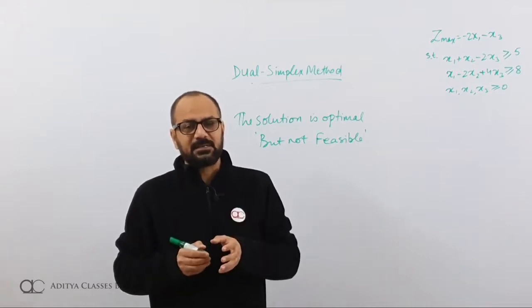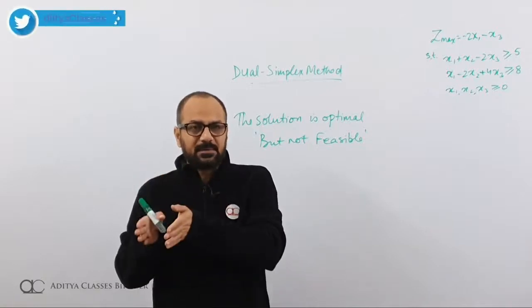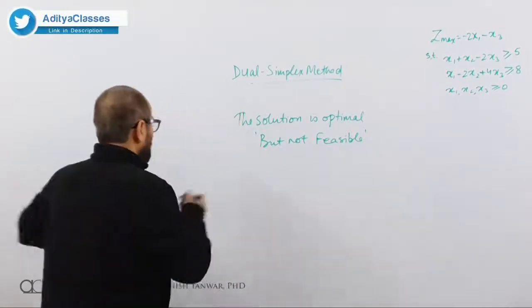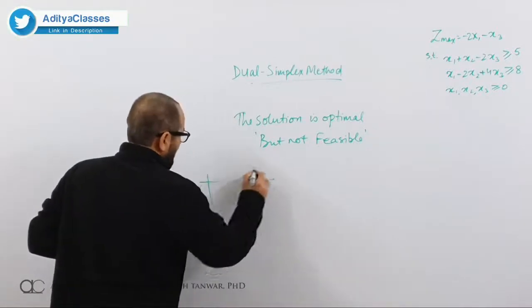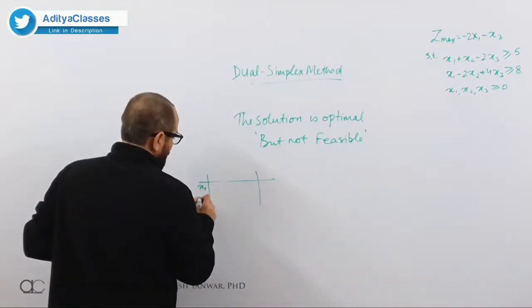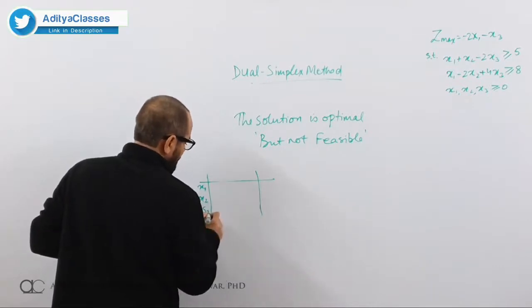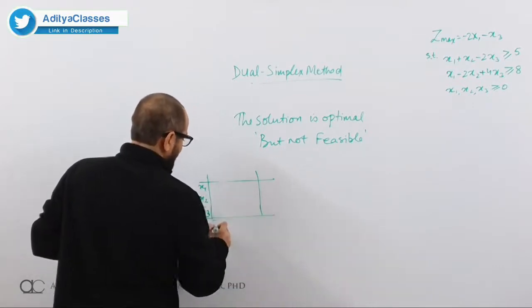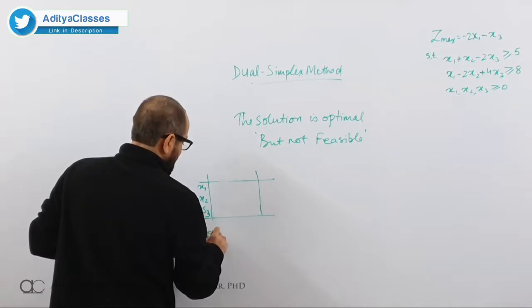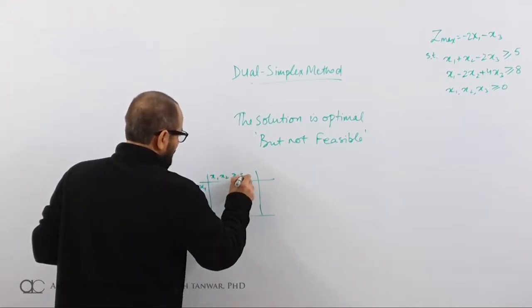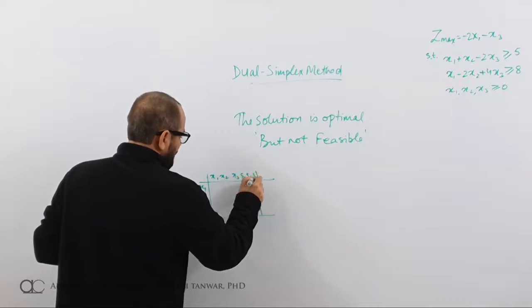If it so happens that your variables in basis are having a negative value, what do we mean by this? Suppose you have x1, x2, s2, and let us call it s3. Here you have Cj minus Zj, x1, x2, x3, s1, s2, s3.